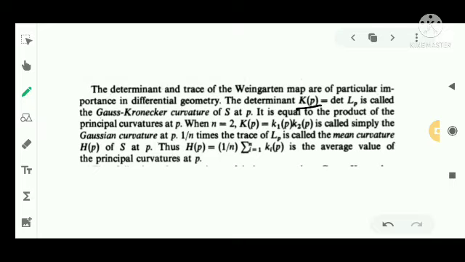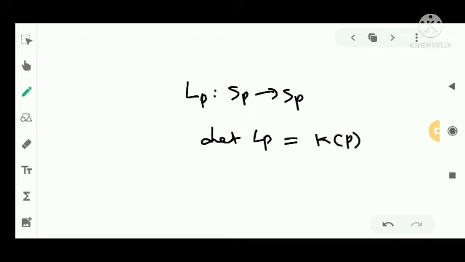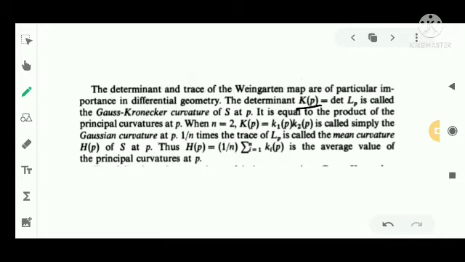That is, we have the Weingarten map, a linear operator from the tangent space to itself, denoted by L_P, and the determinant of L_P is called the Gauss-Kronecker curvature. It is denoted by K(P).